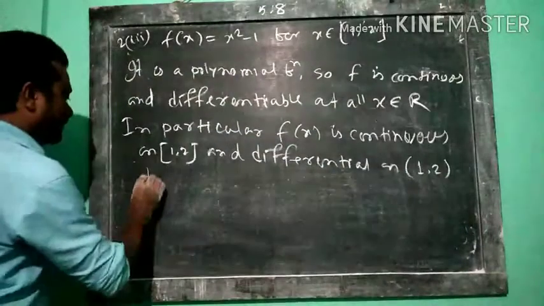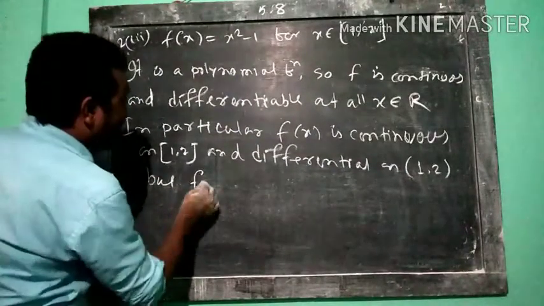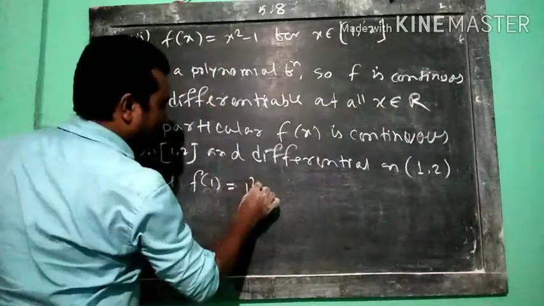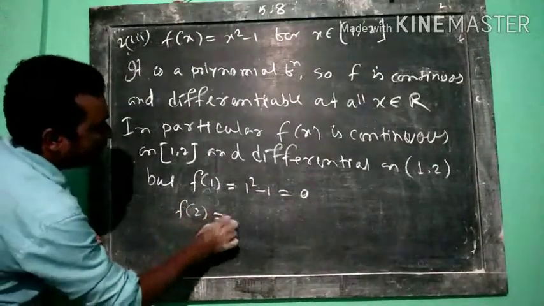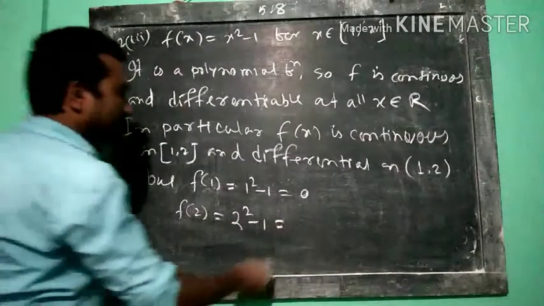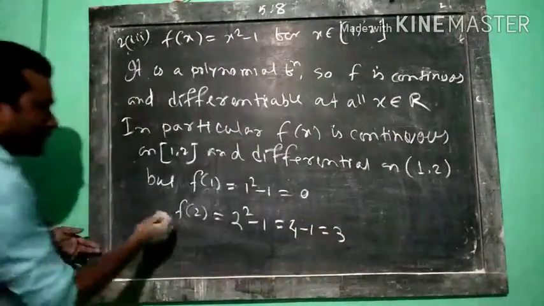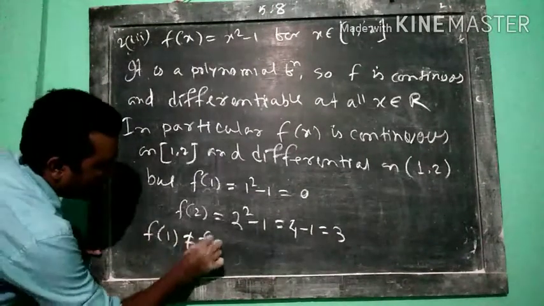But f(1) equals 1 square minus 1, which is 0, and f(2) equals 2 square minus 1, which is 4 minus 1, equal to 3. Here we see that f(1) is not equal to f(2).